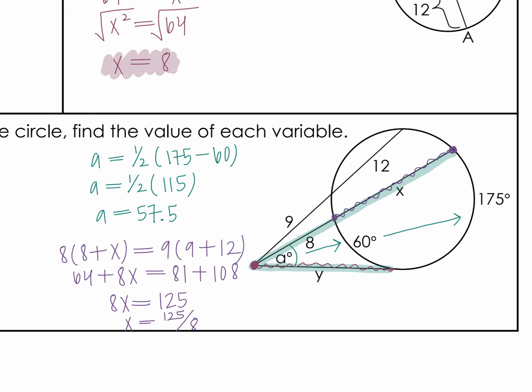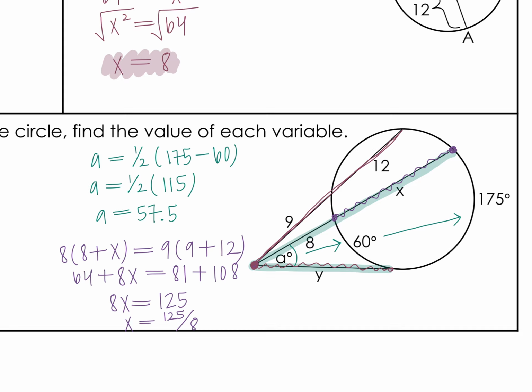Here we do happen to know x, but it wasn't very nice, and I could use it. Or I could look at, once again, this lovely secant that was given to us that we had those nice numbers for, that 9 and that 12. So that's what I'm going to do.